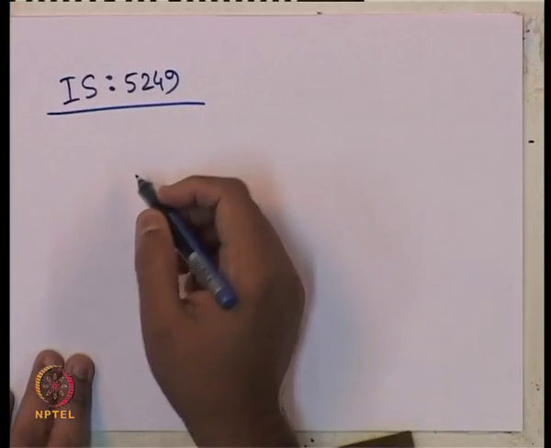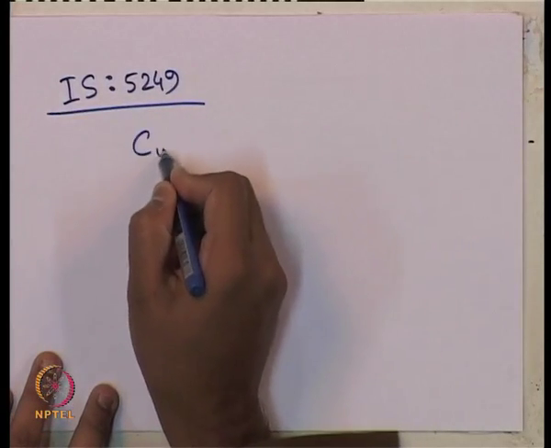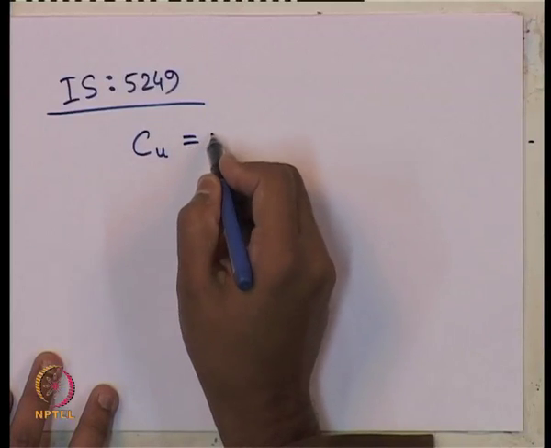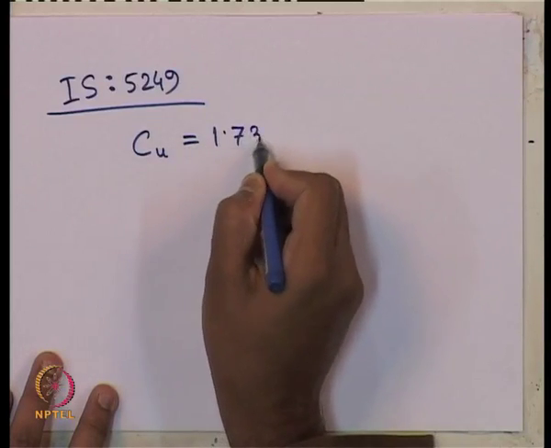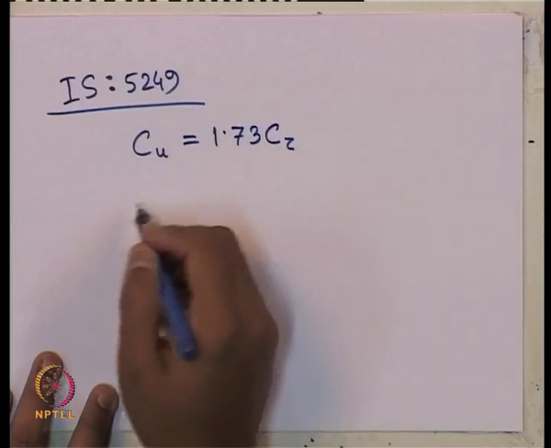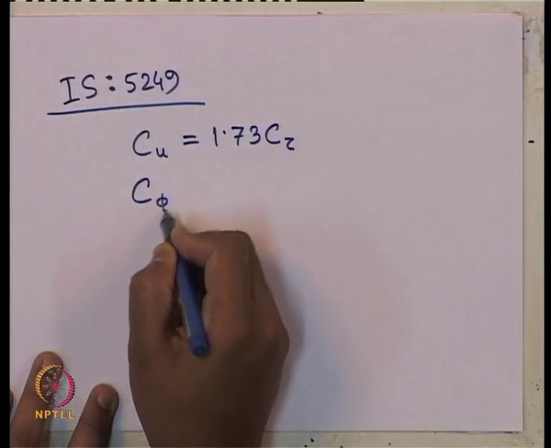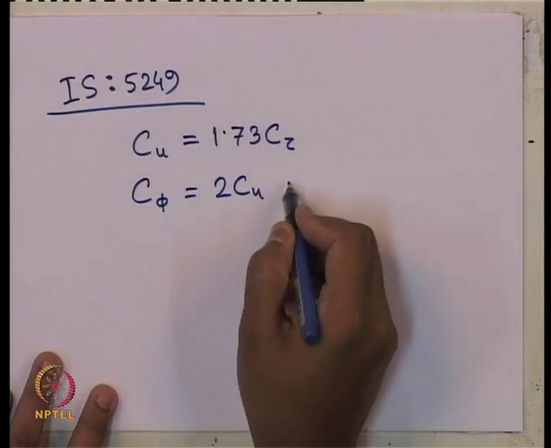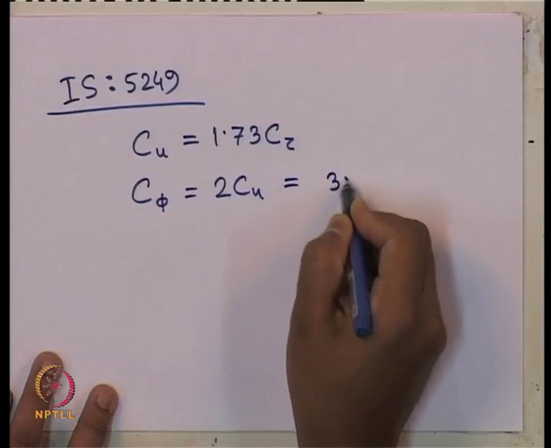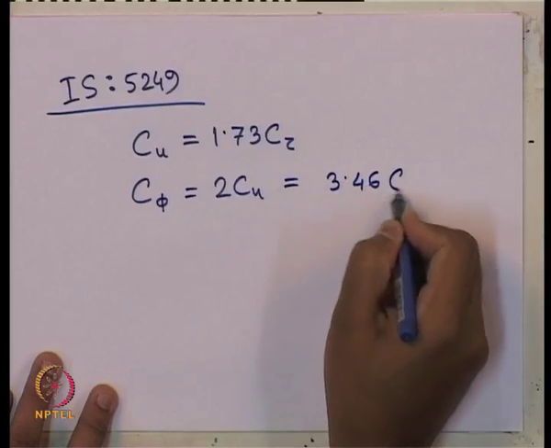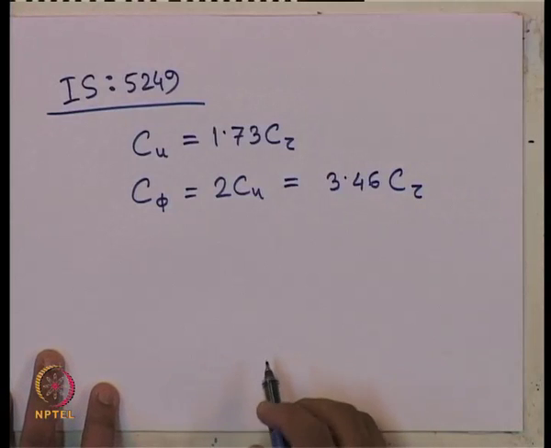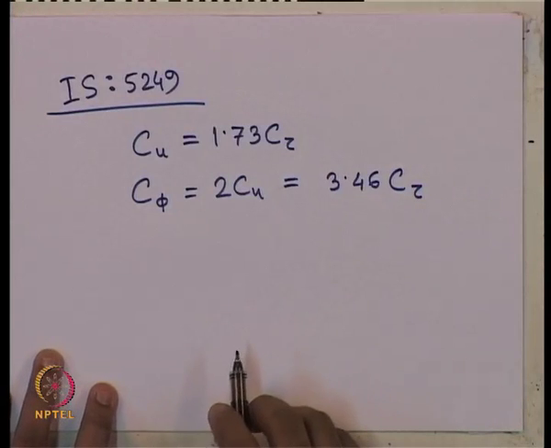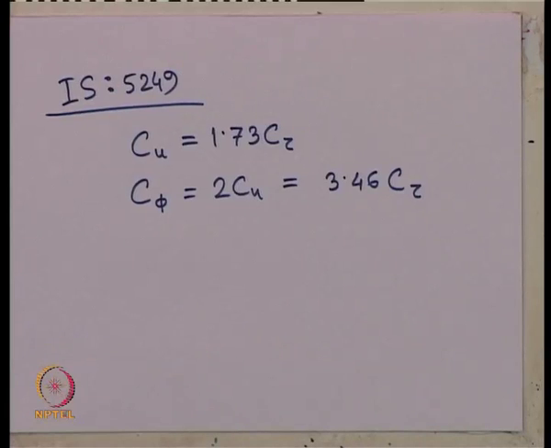It recommends the value or relationship of Cu as 1.73 times C tau and C phi as 2 times Cu, equals 3.46 times C tau. So, these are the relationships given by IS. These are nothing but factored relations which can be used for the design purpose.